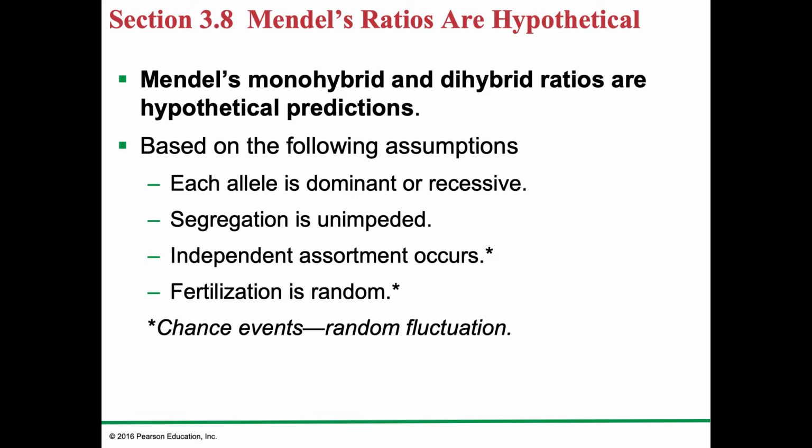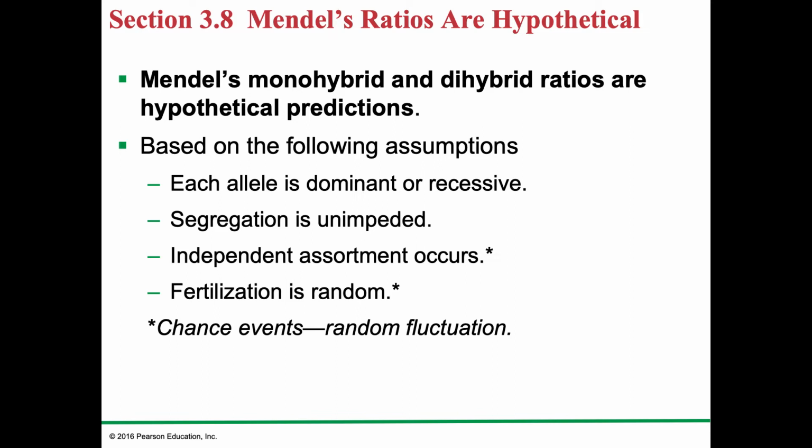So let's say we flip a coin 10,000 times and we get 4,500 heads and 5,500 tails. That's not quite our 50-50 ratio. So we can do chi-squared analysis to figure out, was it just chance that we ended up without a 50-50 ratio?